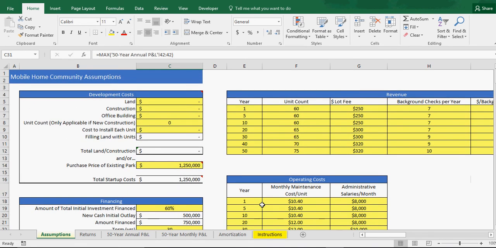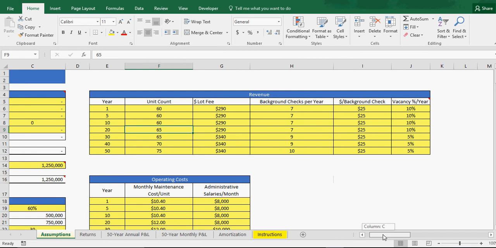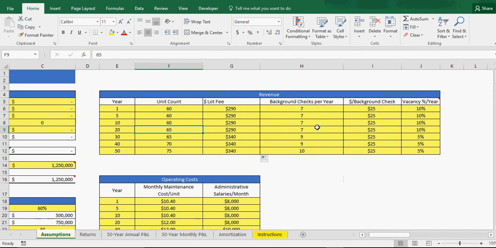Let's say we also change some of this. Let's put the lot fee up to, say, 290 for the first couple years. Then it raises up to 340. You've got unit count here by year. So this is year 1 to 5, 5 to 10, 10 to 20. So you could change all those assumptions on the year period if you have different plans for how you want to build it out.